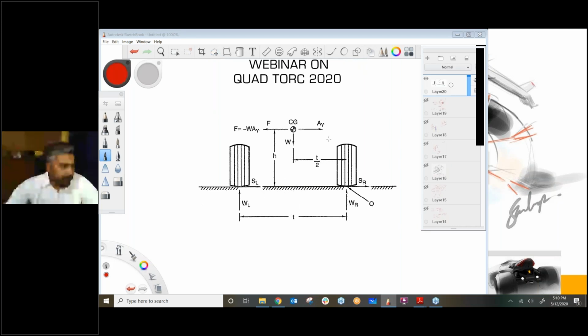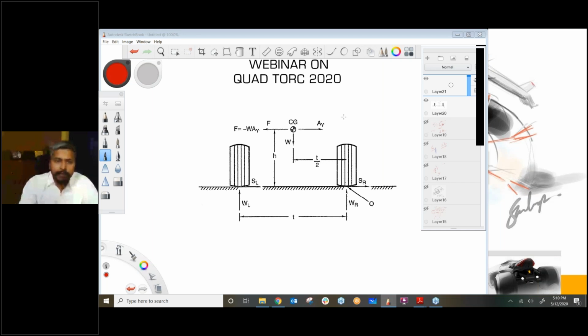Now this is case 1. Case 2 is, we will calculate the longitudinal load transfer. Then repeat the same for this: total static load and change in load multiplied by factor of safety.